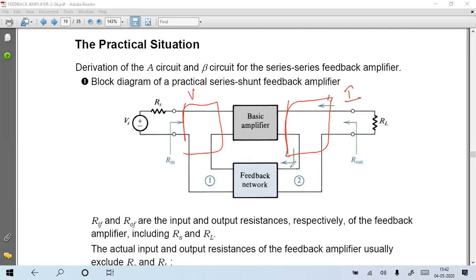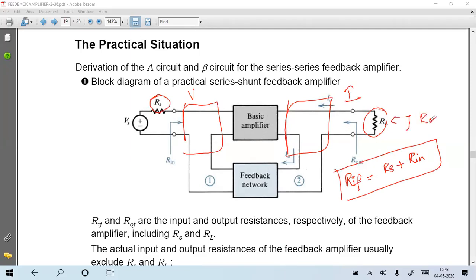It is a practical case, so I will consider RS and RL at the output side. First, how can I find RIF for this practical case? Input side is series nature, so RIF is RS plus Rin. Output side, R0F of the feedback network, is also in series, so R0F is Rout plus the load resistance, because both are in series and have to be added.